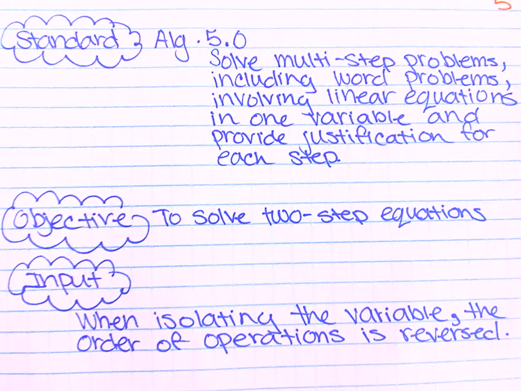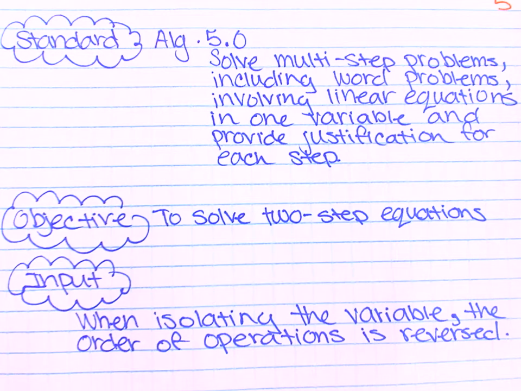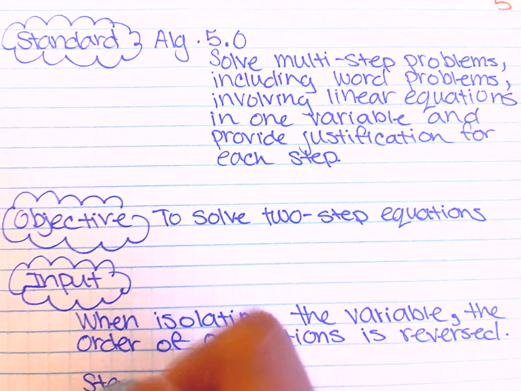So it's reversed. Remember the order of operations, PEMDAS tells us parentheses, exponents, multiplication, division, addition, subtraction. Scratch that, it's reversed. Addition, subtraction, then multiplication or division, okay? So you have two steps.